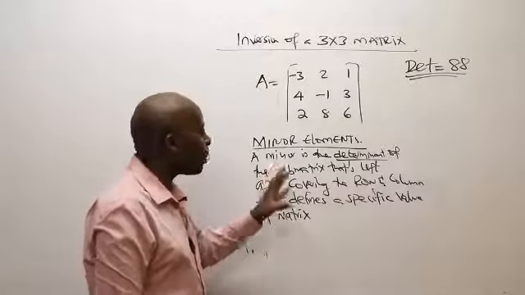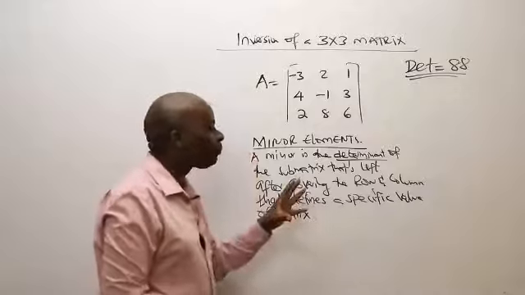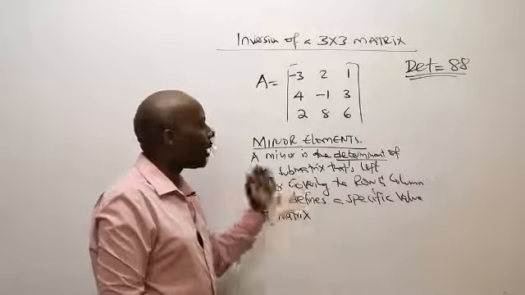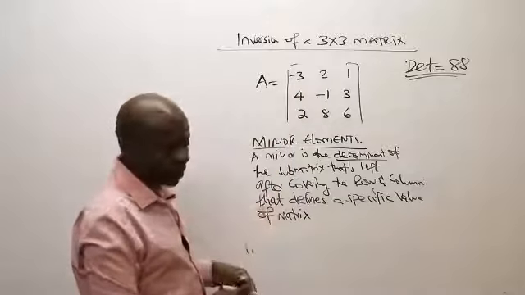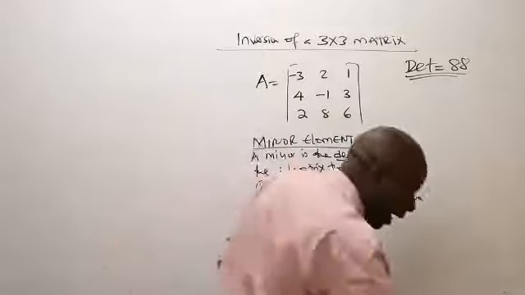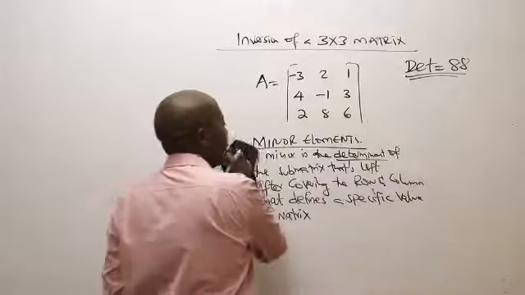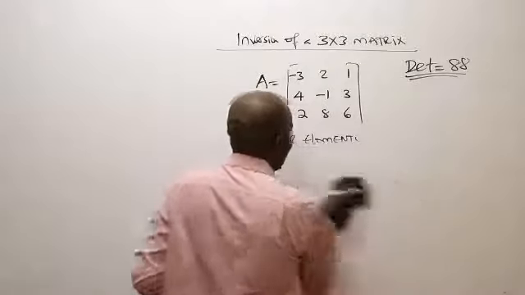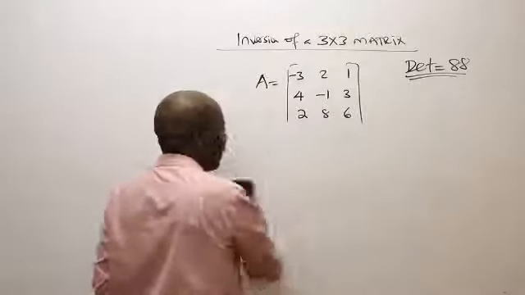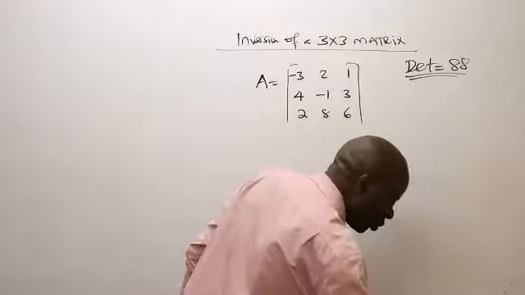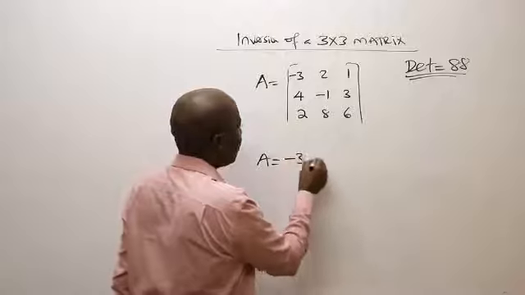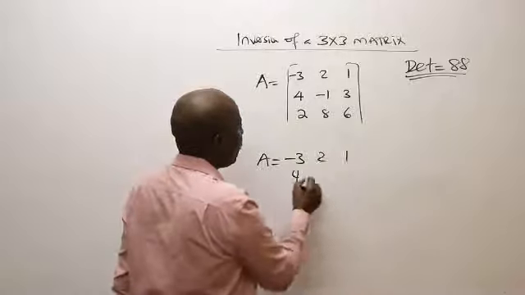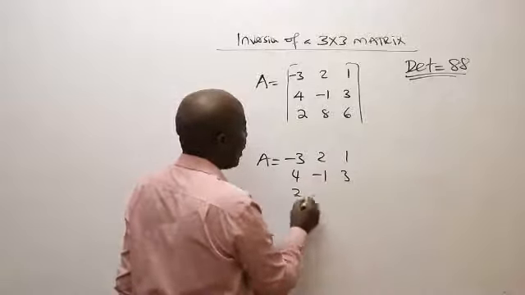Having understood this simple definition of a minor element, getting minor elements for all the other matrix elements is not really a hard nut to crack. These are things I'll be able to get very fast. This is our major matrix: -3, 2, 1; 4, -1, 3; 2, 8, 6.